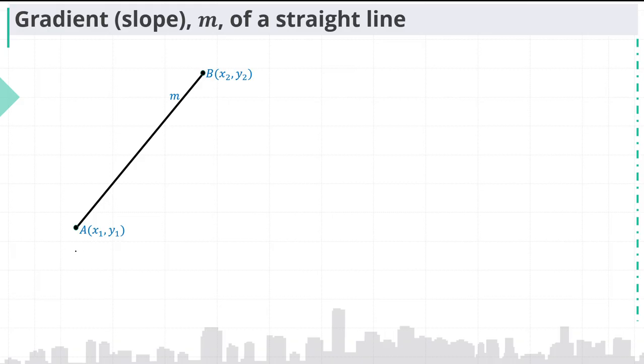This straight line in the figure has end points A and B. So the gradient m is calculated this way: take the difference in the y coordinates, pick y2, minus the other y value, y1, divided by x2 minus the other x value, x1.